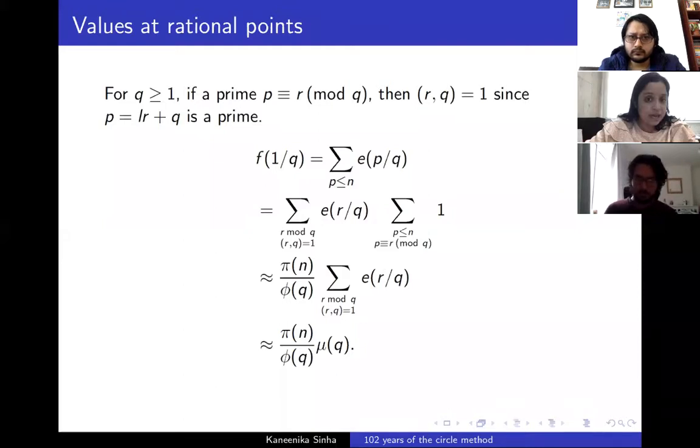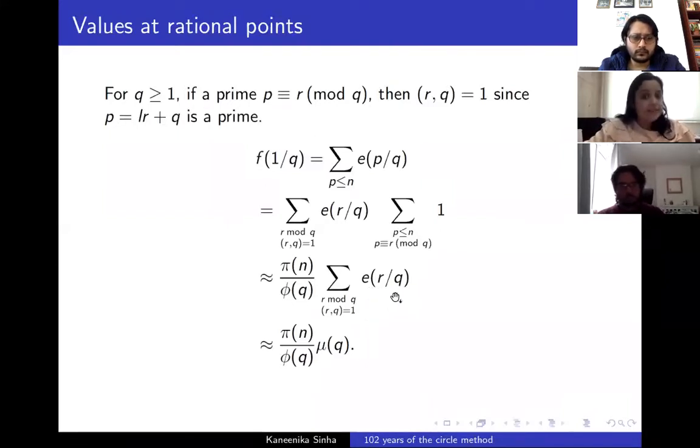By an application of the Siegel-Walfisz theorem, this is approximately equal to pi of n over phi of q. The inner sum is approximately pi of n over phi of q times this sum of e of r over q, where you run over all the co-prime residue classes mod q.